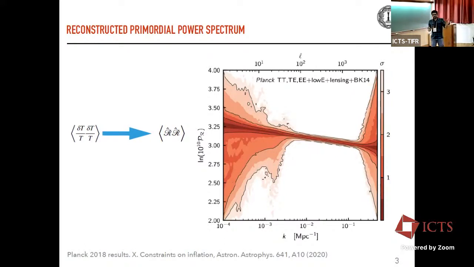You know that this temperature correlation function can be mapped to perturbations in the curvature using GR, so using that you can reconstruct the primordial curvature perturbation. This power spectrum looks like this. It is nearly scale invariant, and the amplitude is almost 10 to the minus 9. Those are the main pieces of information we get from the power spectrum.